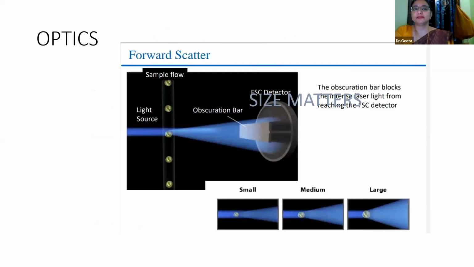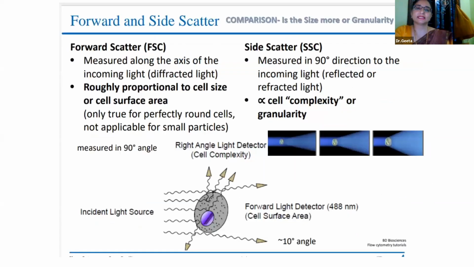So part of optics I've already discussed, which consists of the major part, forward and the side scatter. So this is another diagram depicting the same. And these two signals are collected separately by two separate detectors.